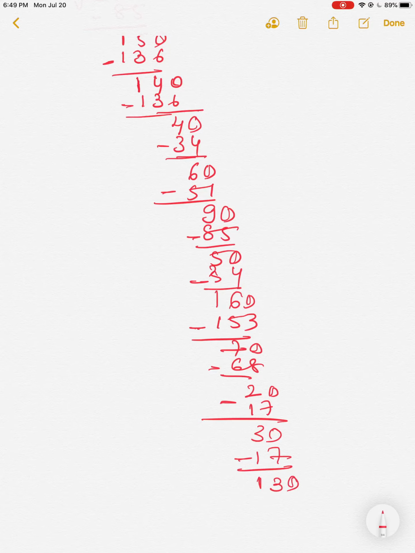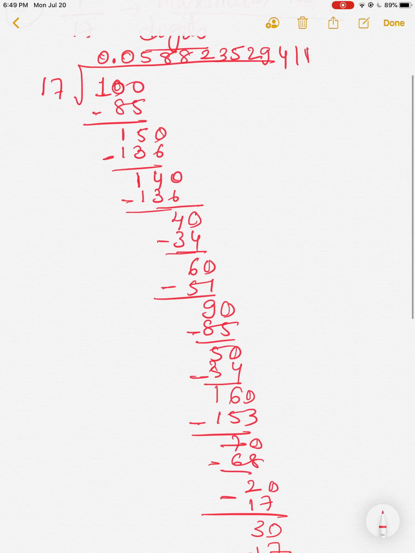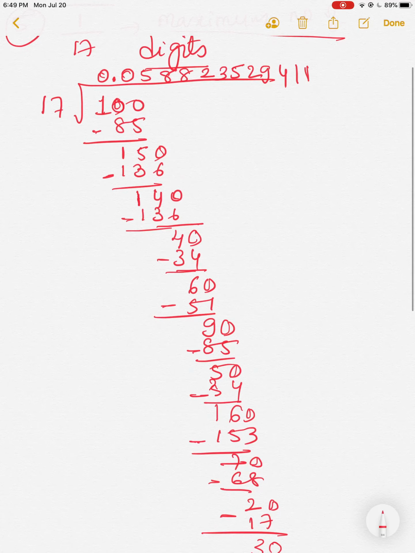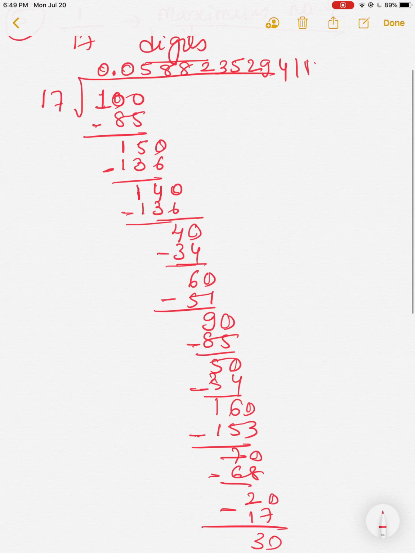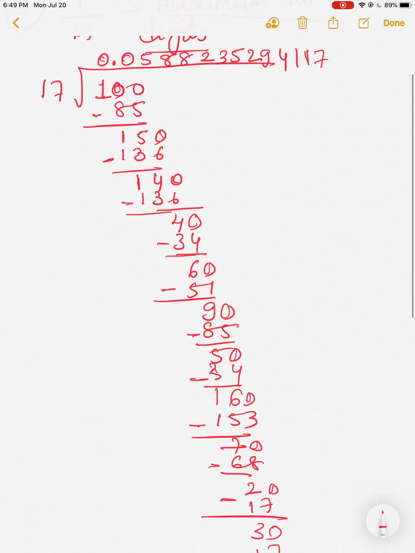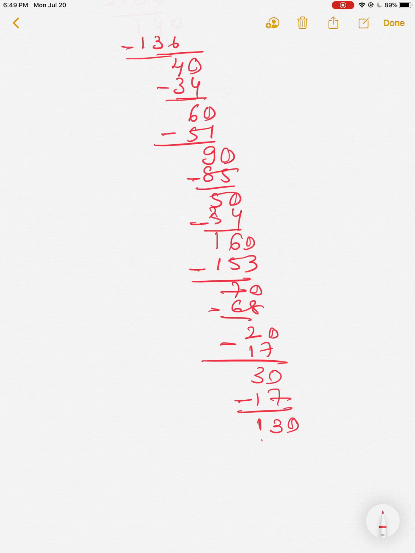Okay, again decimal is there, we will be taking 130 here. Now 17 7s are 119. 17 7s are 119. Again subtract here, just divisions we are doing, nothing. 11. Okay, then 0 we will be taking.